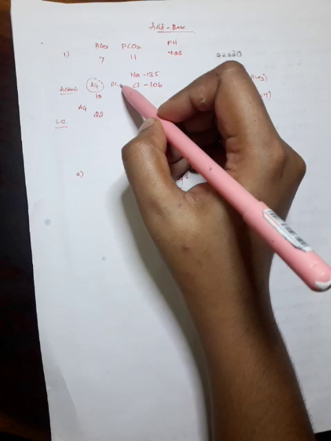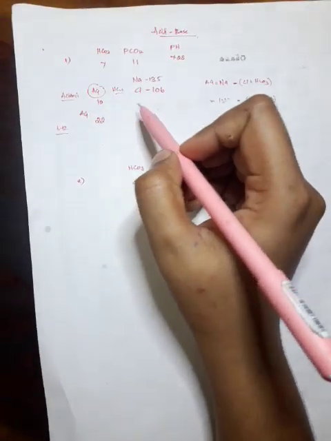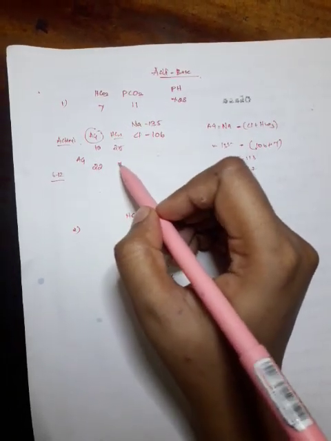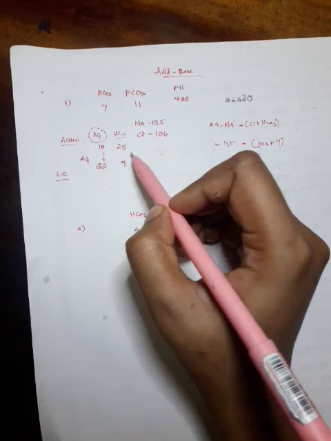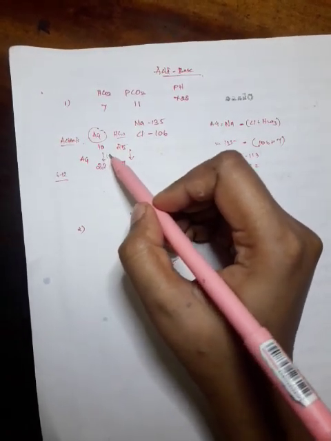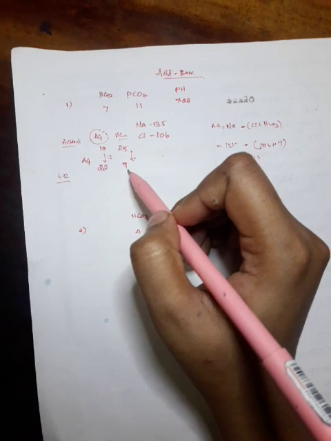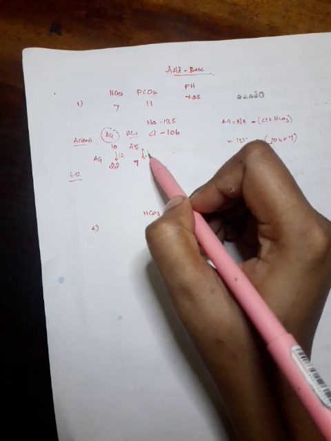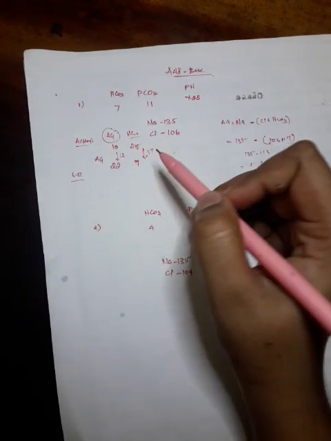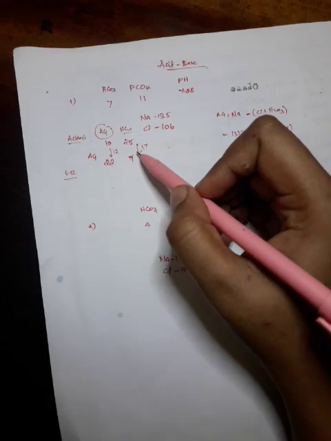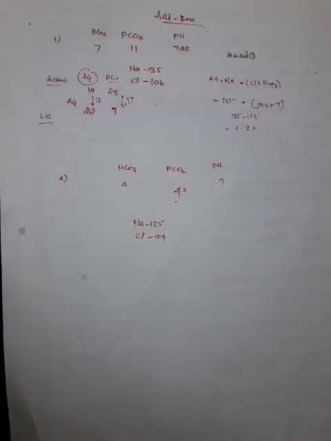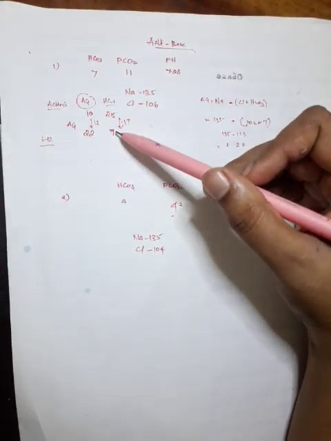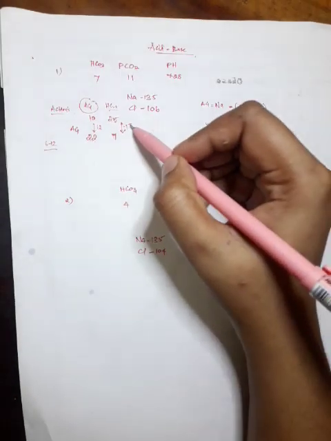Normal bicarbonate is 22 to 26, so consider it approximately 25. Here it is 7. So how many changes are there? 10 to 22 is 12, and 25 to 7 is 18.